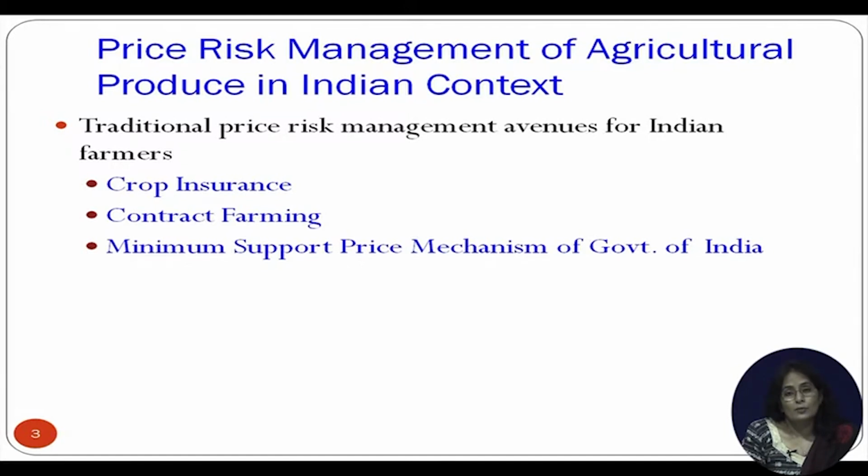So in the next 5 to 10 minutes, let's understand different aspects of crop insurance, contract farming, and the minimum support price mechanism of the Government of India, and how these three mechanisms were used by Indian farmers to mitigate the price risk.